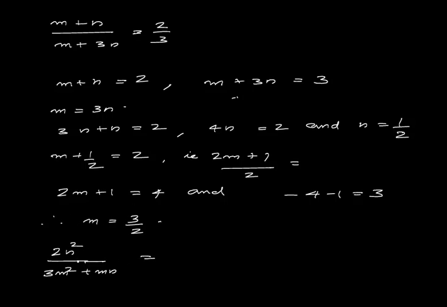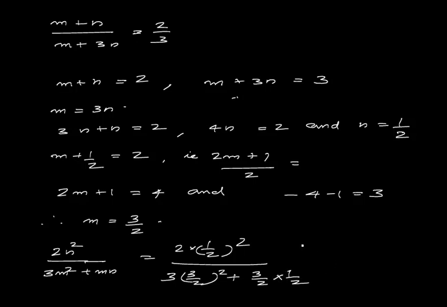Now substitute the values of n and m here. That is 2 into n, the value of n is 1 by 2, all square, divided by 3 into m, that is 3 by 2, all square, plus m, that is 3 by 2, into n, that is 1 by 2.